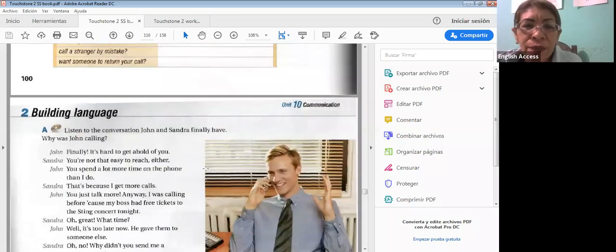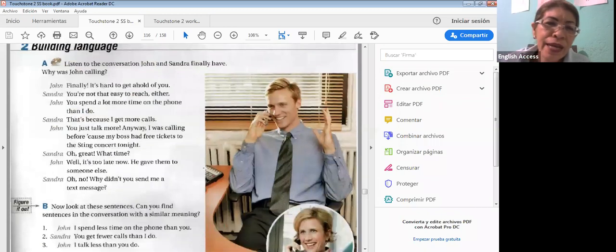Well, now let's move to the next page, exercise 2. In exercise 2, we have another conversation. Remember that John is trying to reach Sandra, but in the first conversation he had a lot of problems.